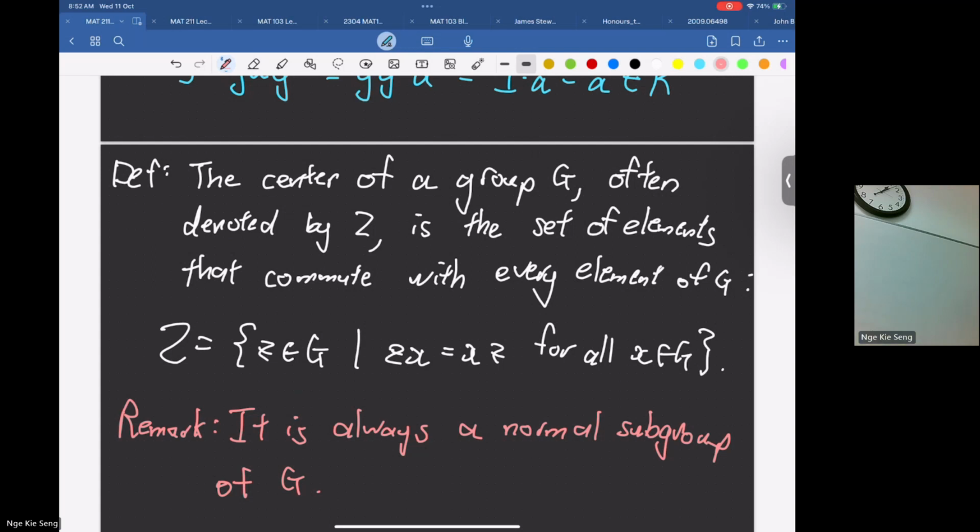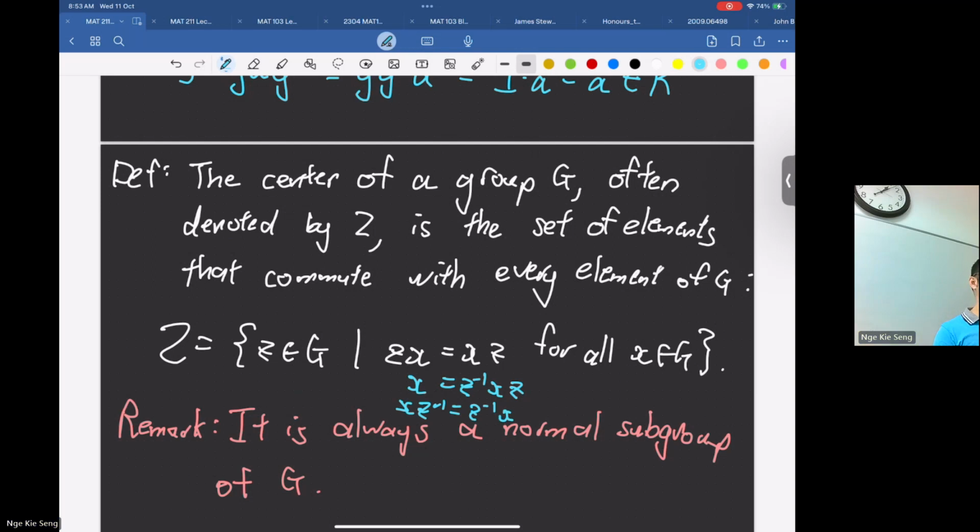Inverse: can the inverse commute? If I have this equation here, can I use the cancellation law? If I do, then x equals z inverse xz, and then xz inverse equals z inverse x.